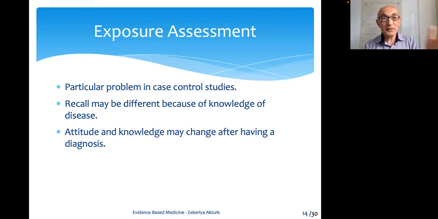Maybe there will be differences between the cases and the controls, the patients and the healthy people, regarding the exposure. Somebody who has already got lung cancer might have his memories more occupied with his smoking behavior in the past. So he might be remembering things differently than the control group.